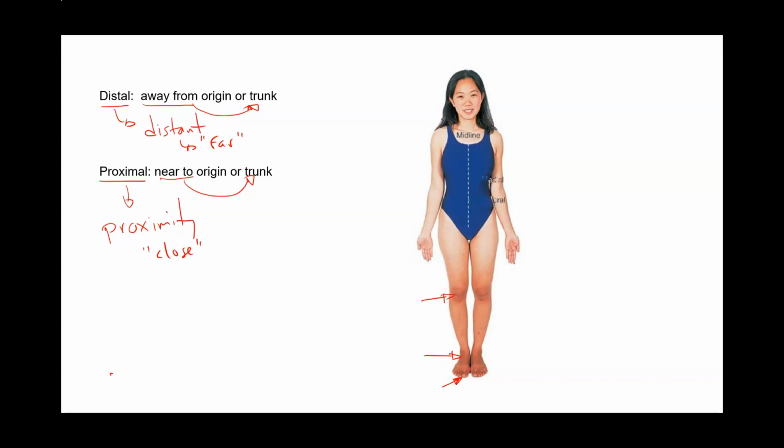Because between the ankle and the toes, the ankle is closer to the point of origin. Right? We could say that between the thigh and the knee, the knee is distal to the thigh, because the knee is further away from the point of attachment or origin than the thigh is.